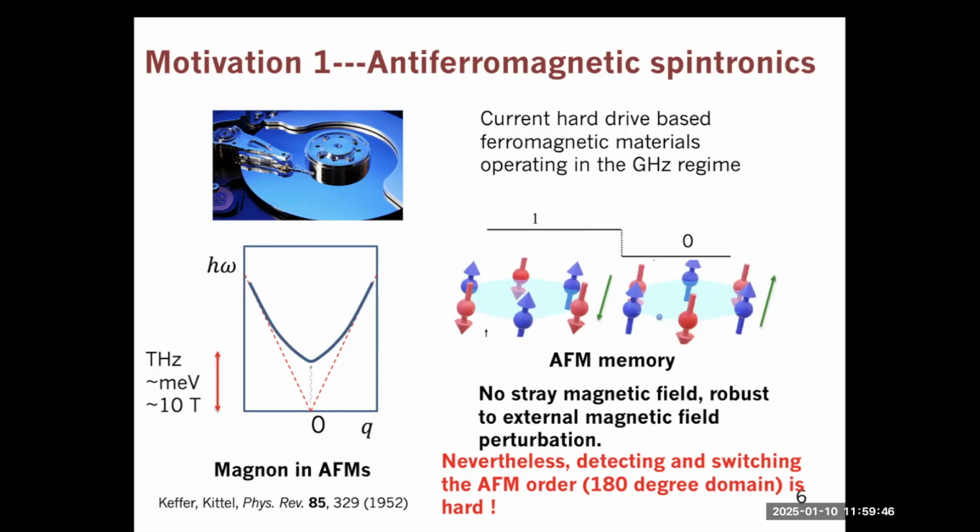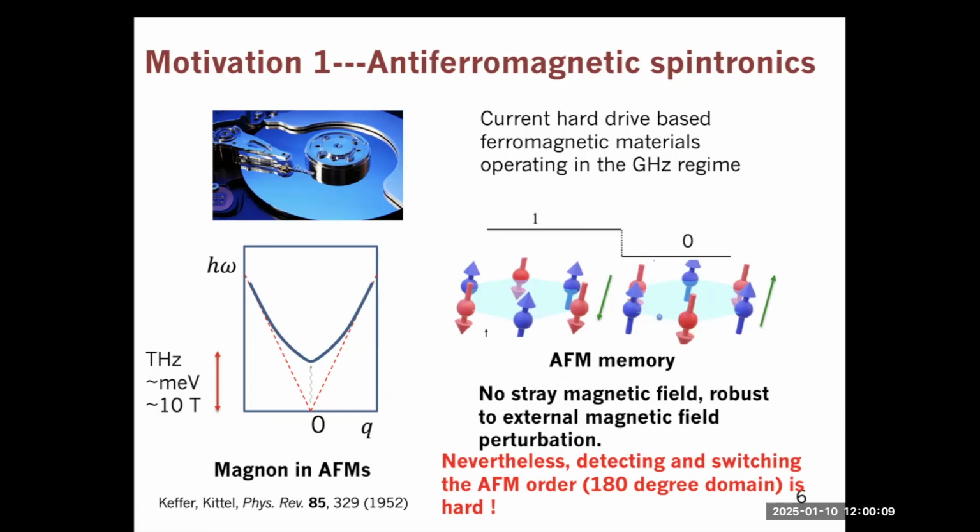The disadvantage is that with no stray field, it is very difficult to detect the 180-degree domains and switch them. In the literature, lots of work switches 90-degree or 60-degree domains, but not 180. I will show you some advances we made in 180-degree domain switching.